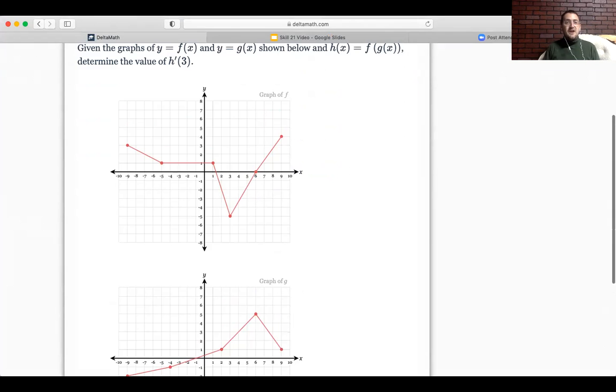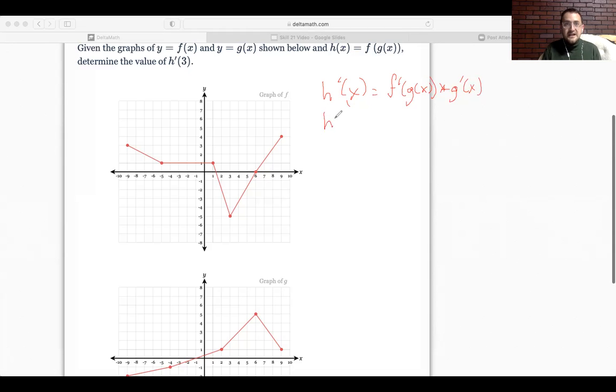It says, given the graphs of f of x and g of x, determine h prime of 3. So this is a chain rule type of scenario. So if I want to do h prime of x, I like to do this first before I even think about a graph. I'm going to do f prime of g of x times g prime of x.